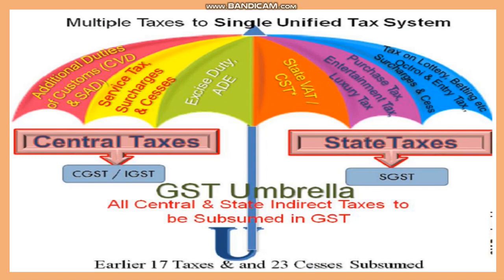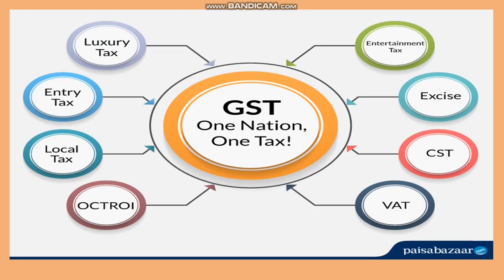Presently they were abolished. They all come under the roof of GST: additional duty of customs, service tax, excise duty, CST, purchase tax, etc. The caption for GST is One Nation, One Tax. It abolishes various state taxes, and not only state taxes but also central taxes.